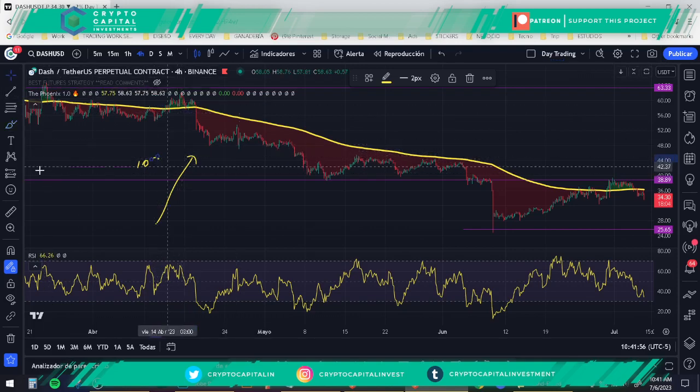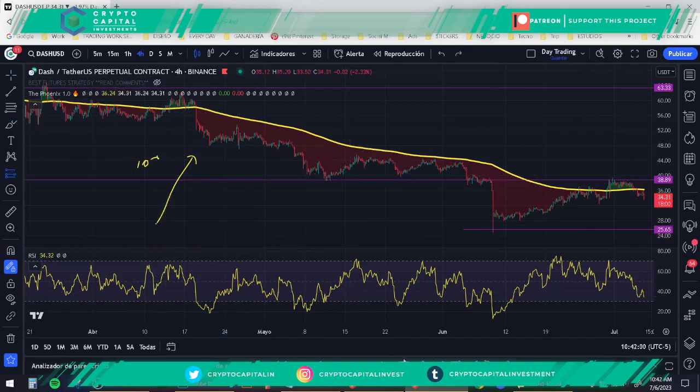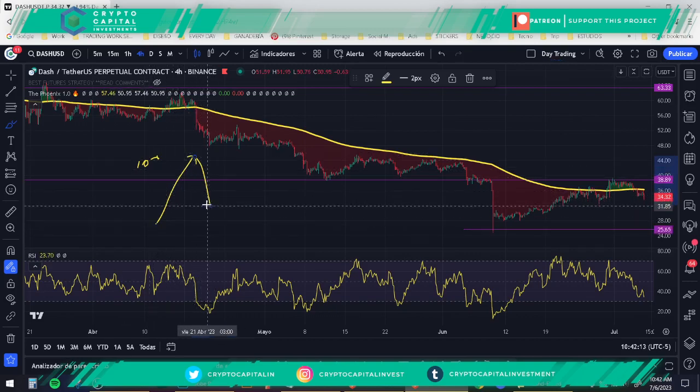Well, this tool tells you that the price most likely, naturally, should come back to the 61% of this previous move, to the pullback. All right, so that's what you want. You want to know where's the 61% of this whole move.